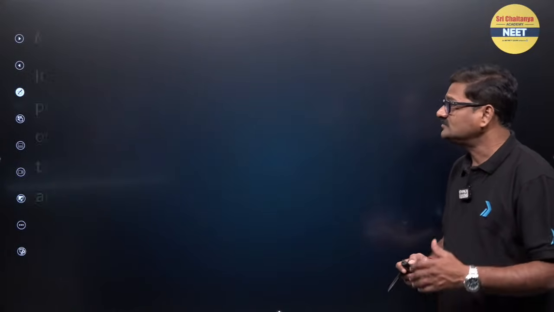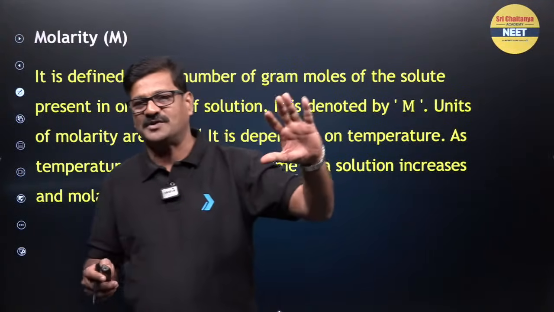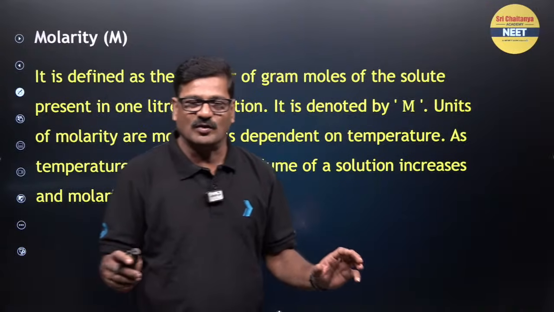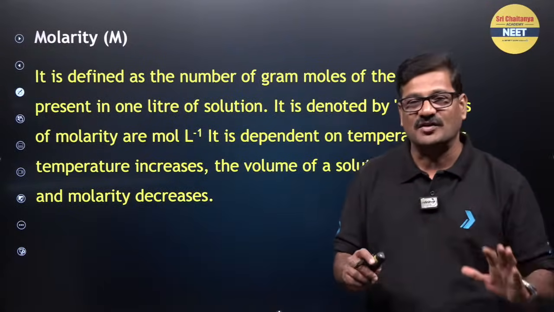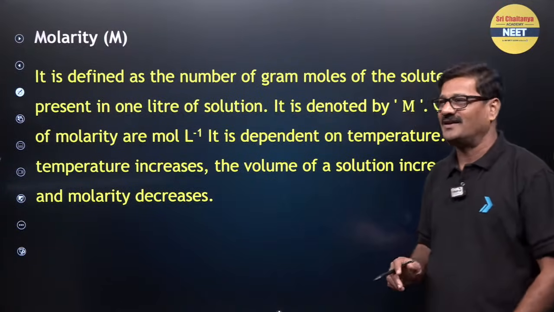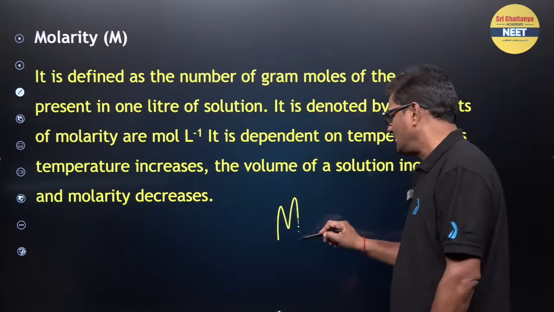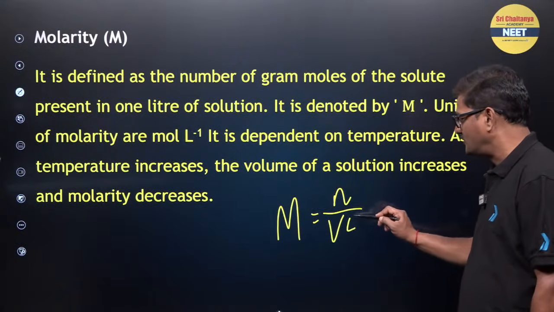Coming to molarity, I don't want to give such a big explanation for everything. Molarity is the number of moles of solute present in a liter of solution. It is indicated with M, and molarity is equal to number of moles upon volume expressed in liters.